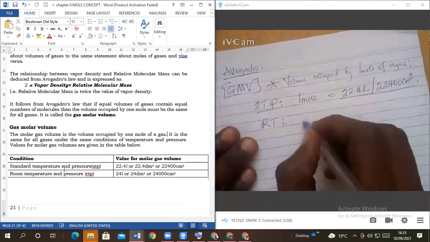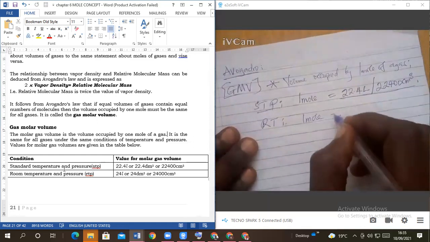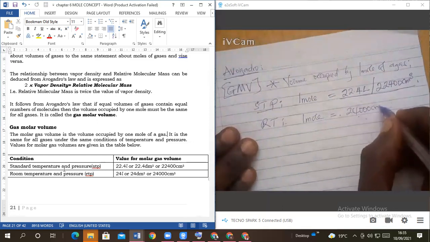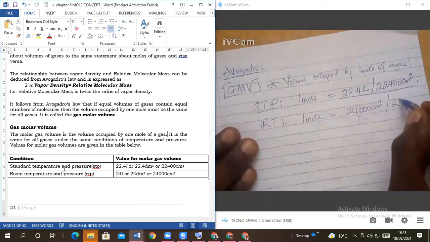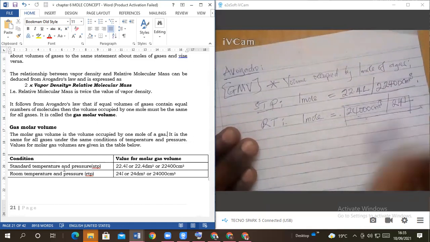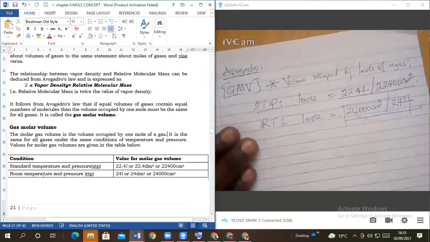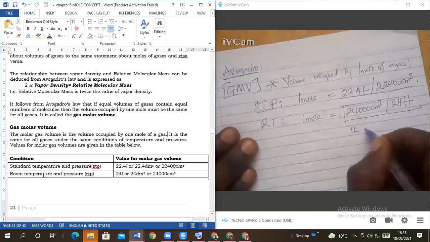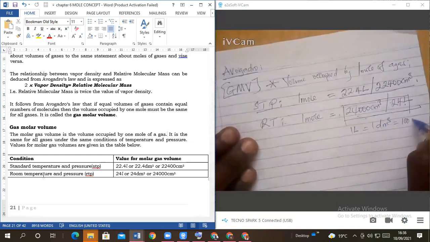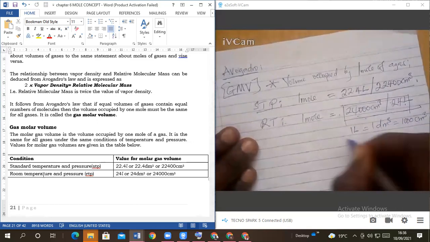At room temperature, 1 mole of a gas is equivalent to 24,000 cubic centimeters or 24 liters. 1 liter is equal to 1 decimeter cubed, which is the same as 1,000 cubic centimeters.